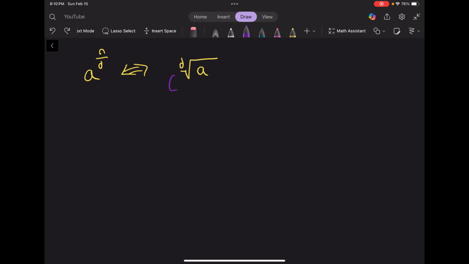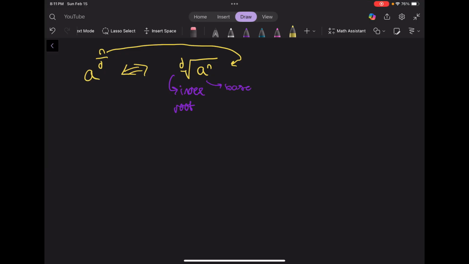By the way, in case you're curious, that little part is called the index, or for now you can also say root, and then the base goes there. One final part though is that the n goes on the inside of the square root.